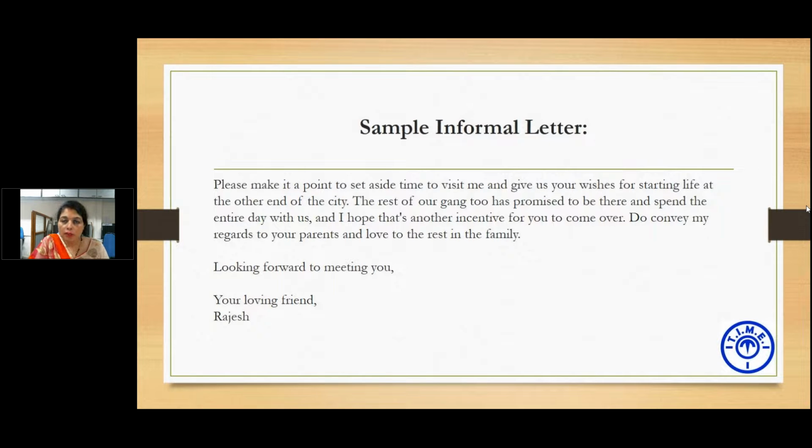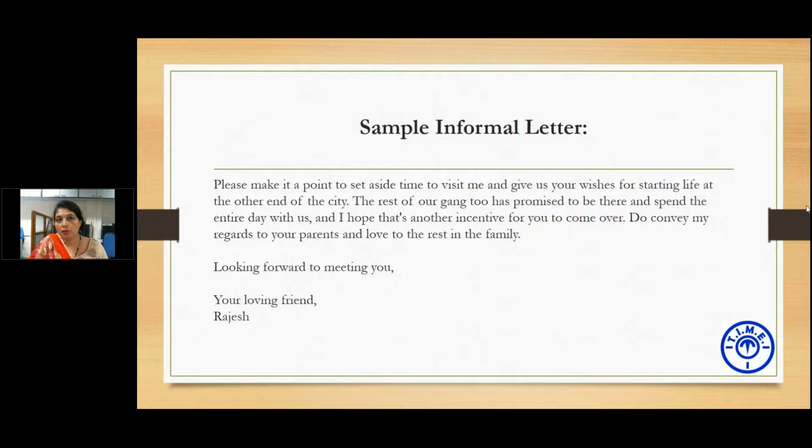And a formal letter, I think I'm repeating what I said in the beginning, is written to somebody at a formal level, and in most cases you are aware of the designation and maybe probably also the name of the person to whom you're addressing this letter, but you may not know who he is personally.